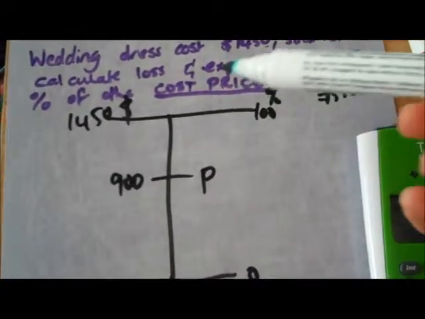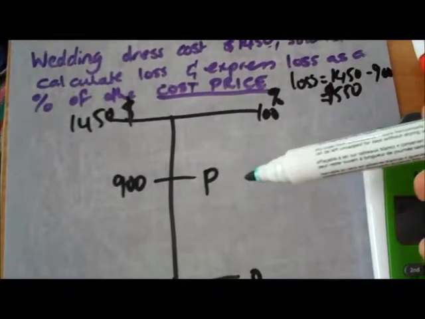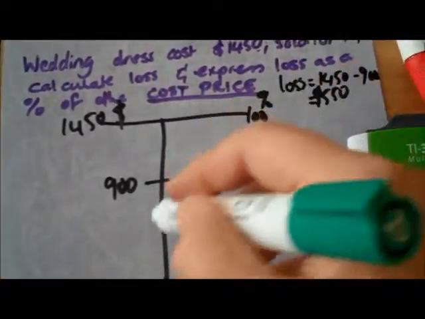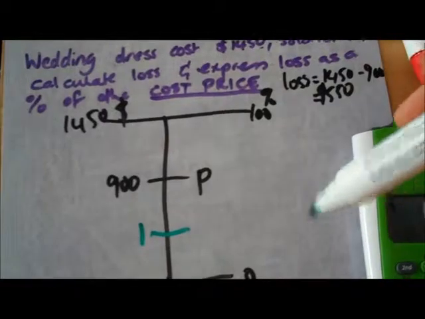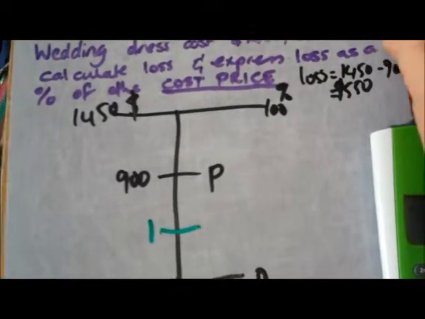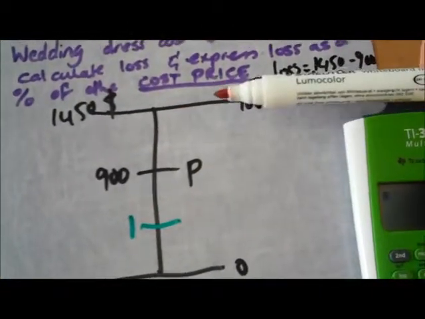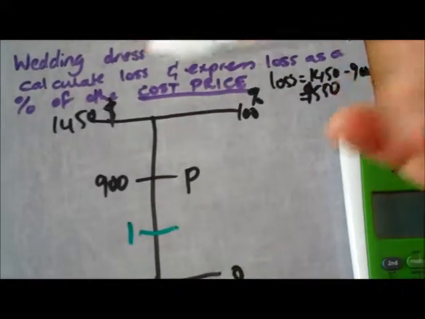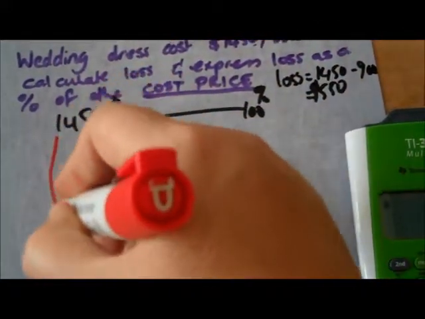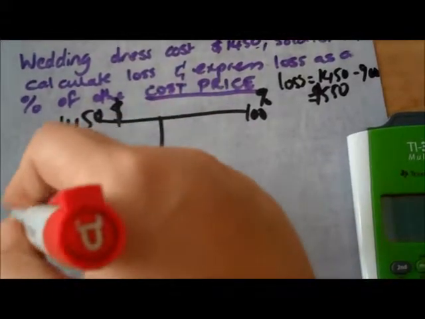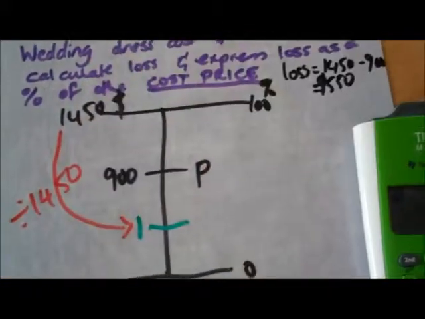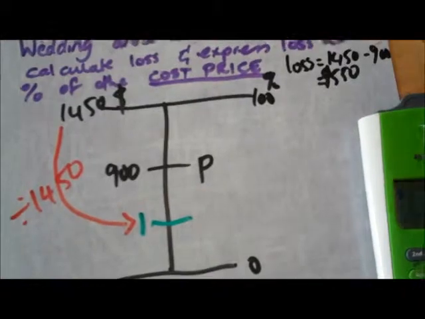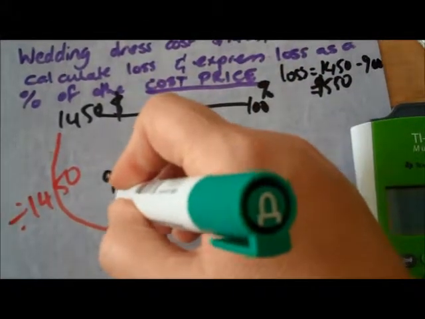So which side can I work out, the one on the left or on the right? The left's got both of the numbers, so the one has to be here. Now, is it going to be this top level or the bottom level? Well, it has to be the top because that's where I know my two numbers. So it's going to be divided by $1,450 and then multiplied by 900.